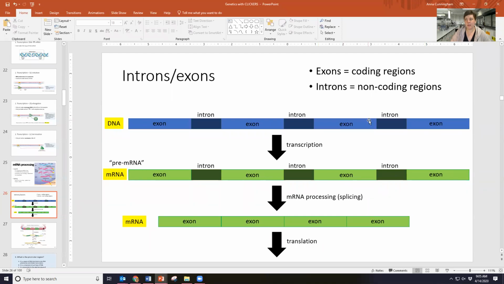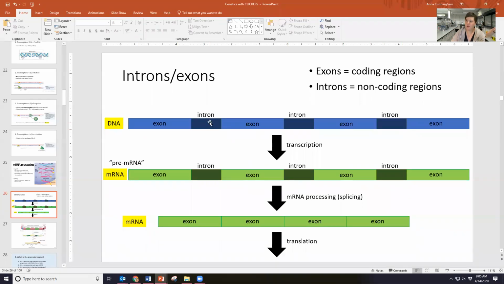So you can see here what we have in our DNA. We have all nucleotides, right? So remember, DNA is made of nucleotides, A's, T's, C's, and G's. And it's a sequence of those nucleotides. And that's a gene. But within that nucleotide sequence, there are varying segments. Some of those segments are exons, and some are introns.